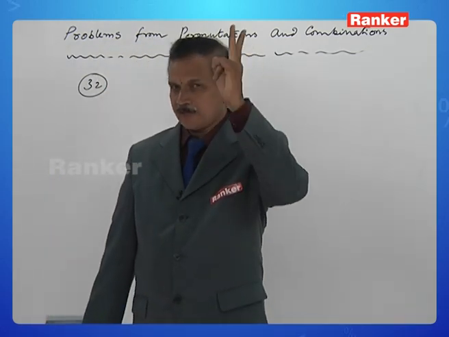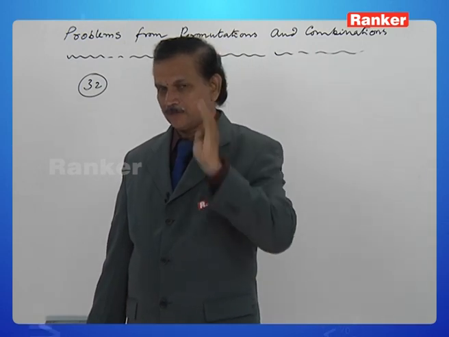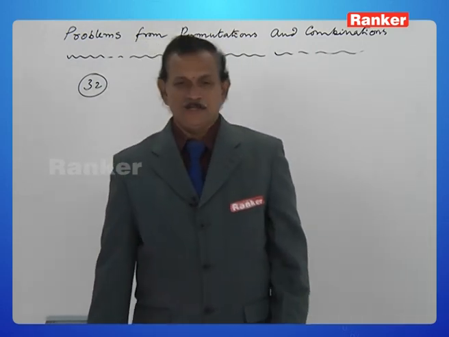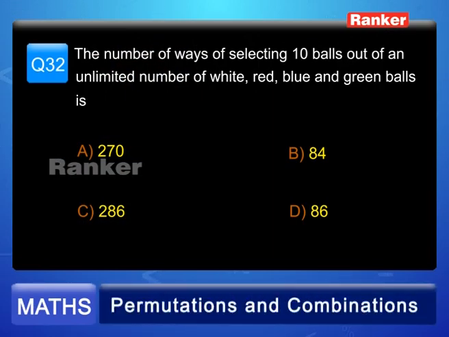White balls, red balls, blue balls and green balls. The total number of ways is required. The first option is 270, second option is 84 and the third option is 286. Fourth option, that is option D, is 86. Let us examine which option is the right option.